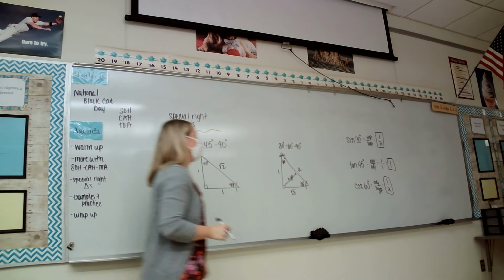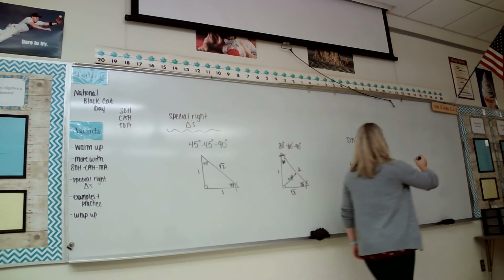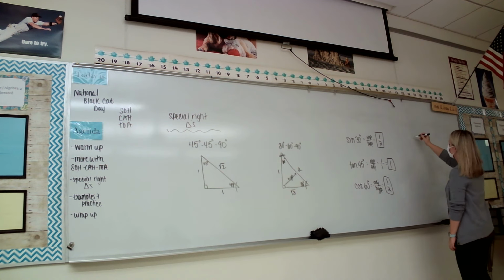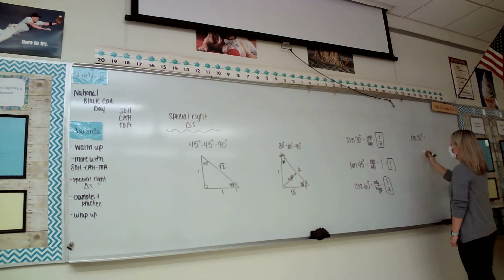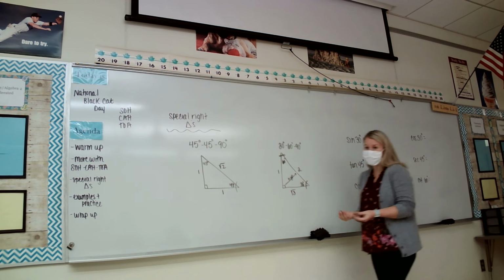So right now, can you please attempt these 3? I'm going to ask you, what's the cosine of 30? What is the secant of 45? And then what's the cotangent of 60? You might need to look up some other stuff.